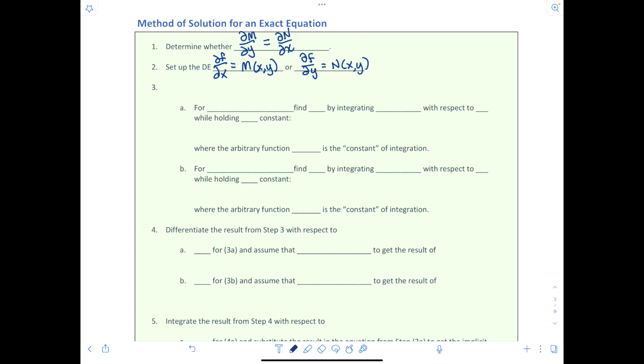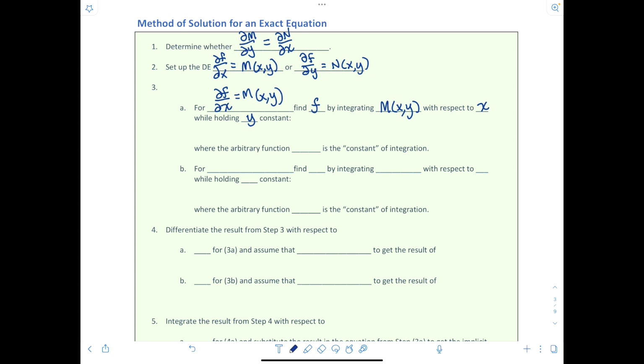So if you do the first one, for the first partial of f with respect to x equal to m at x and y, what you do is you find f by integrating m at x and y with respect to x while holding y constant.